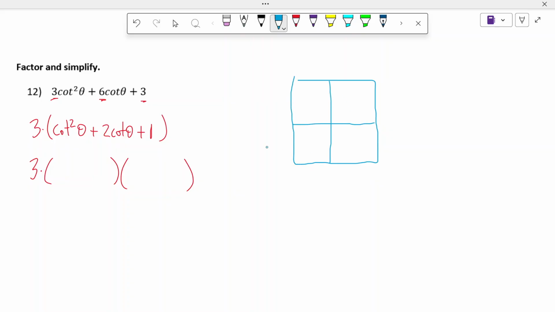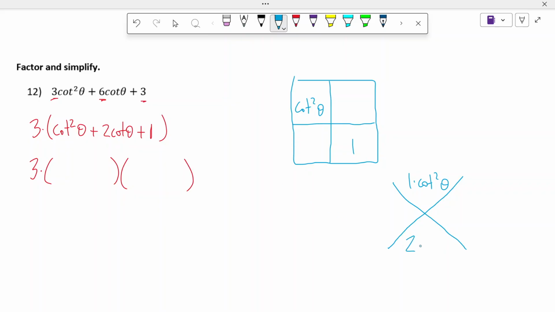I'm going to put the first piece in the first box. I'll put the last piece in the last box. Of course, we multiply this diagonal, and that's just 1 times cotangent square of theta. And that multiplication is part of our diamond problem. What multiplies to make this, but has to add to make that middle term that we haven't used yet.